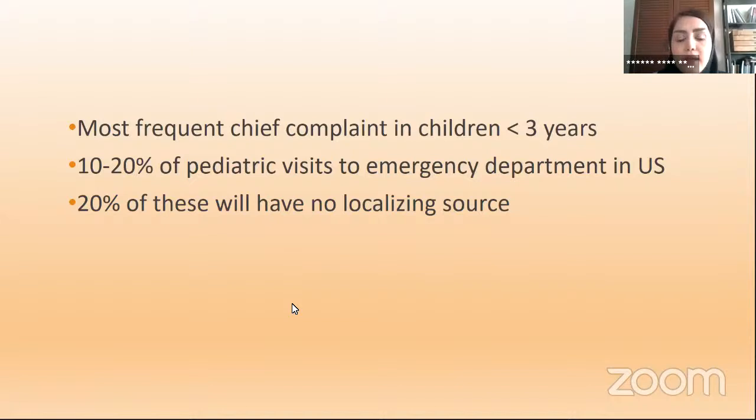It's one of the most frequent chief complaints in children under 3 years old, and also 10 to 20% of pediatric visits to the emergency department in the US. Actually, I can say that in the Children's Medical Center, this percentage is more than what you can see here.